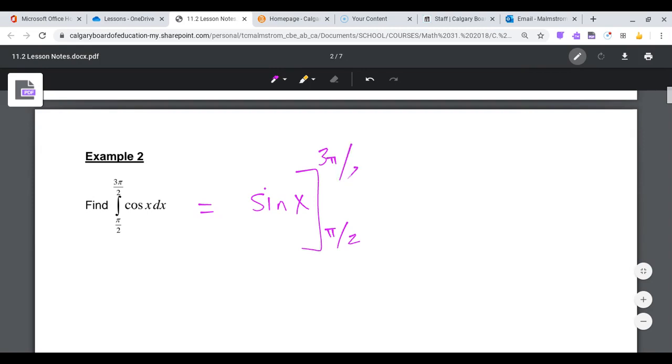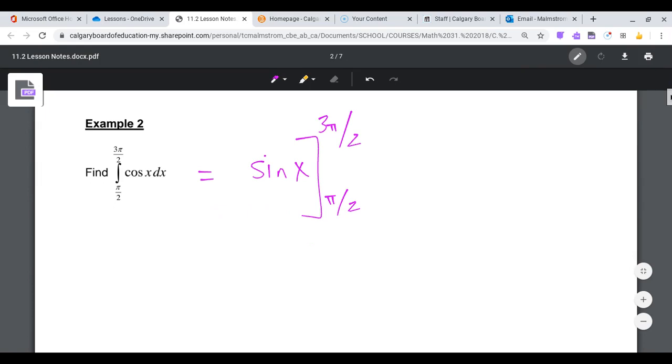So this is being evaluated from pi on 2 to 3 pi on 2. So I'll put that in, sine 3 pi on 2, subtract sine pi on 2.